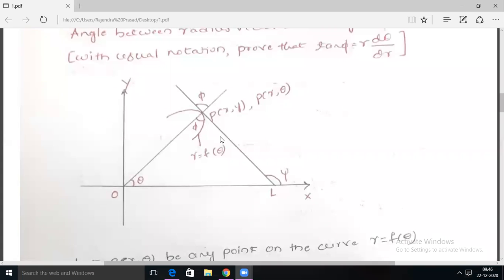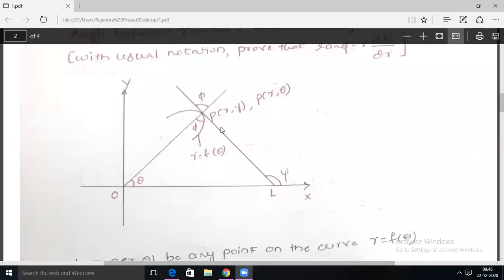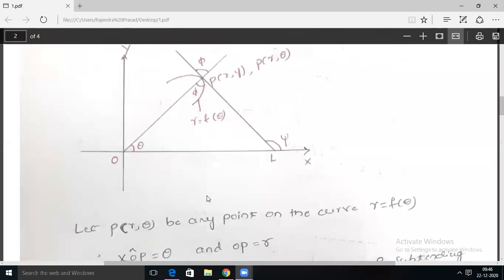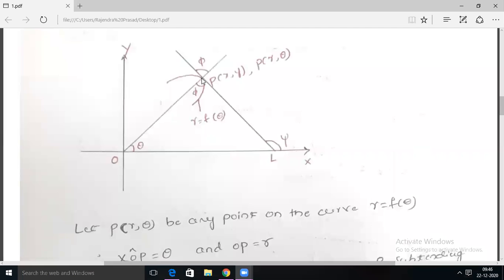Okay, sir. So let P of r comma theta be any point on the curve. So this is point P on the curve r is equal to f of theta, the polar curve. This denotes P of r comma theta.